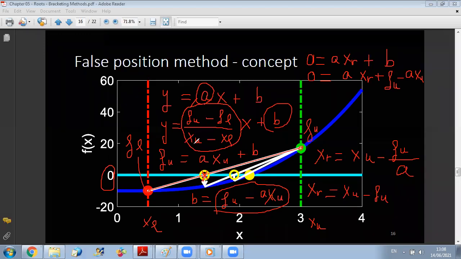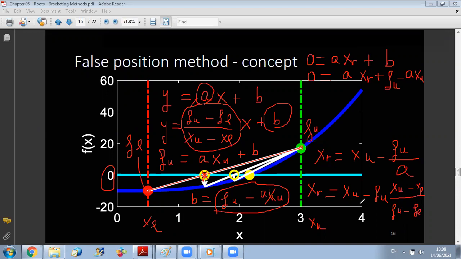The inverse of a is xu minus xl over fu minus fl. So it's times xu minus xl over fu minus fl.